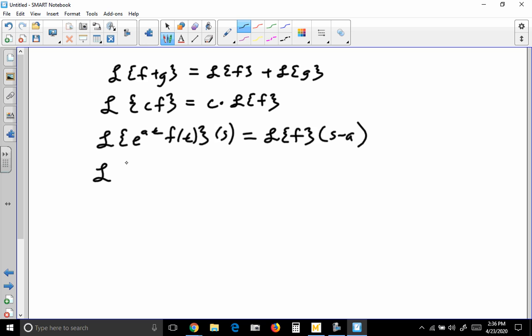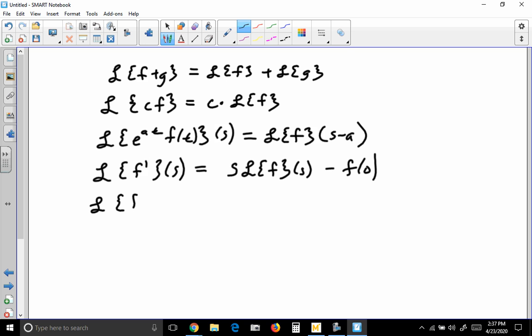So if we have a first derivative, what do we say that did? We take the transformation of the base function, we multiply it times s, and we subtract f of 0. If it's a second derivative, we do s squared times the transformation of the base function in terms of s.